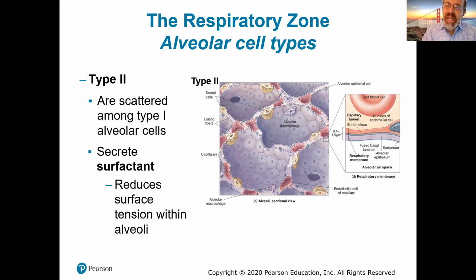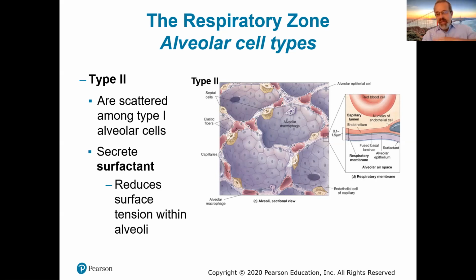Surfactant is basically like a detergent that reduces surface tension by breaking water molecules within the alveoli. Now, physiologically, the significance of that is that water molecules, you may have learned from chemistry, water likes water, and water forms hydrogen bonds with other molecules.